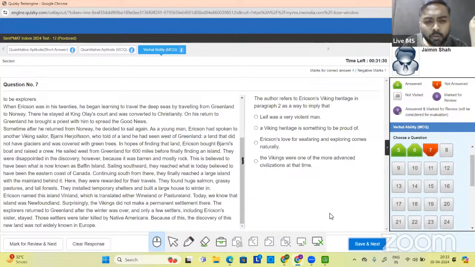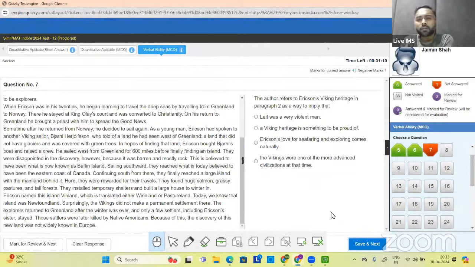They found the land and settled there. Today we know that, surprisingly, the Vikings did not make a permanent settlement there. The discovery of this new land was not widely known in Europe.